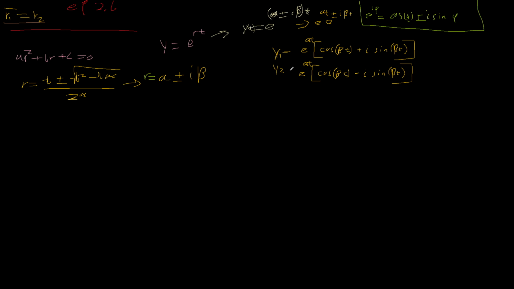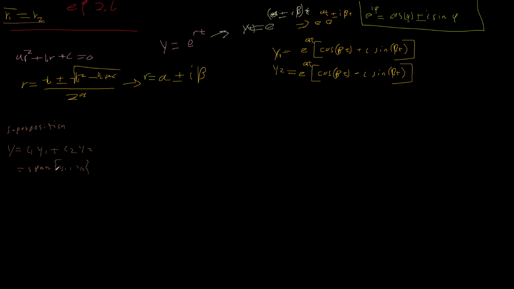All right. So we have this y1 and then this y2, so we have two separate solutions. And then if you remember, because of superposition, any solution y is a linear combination of y1 and y2, or the span of these two functions.